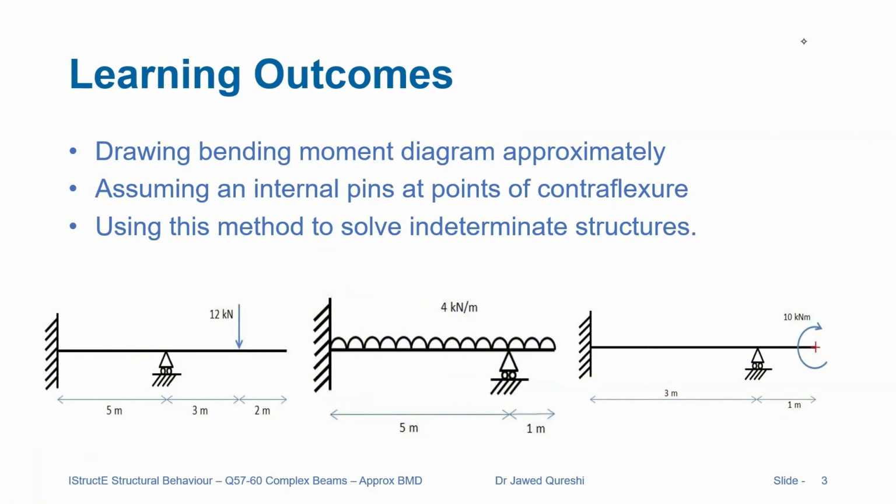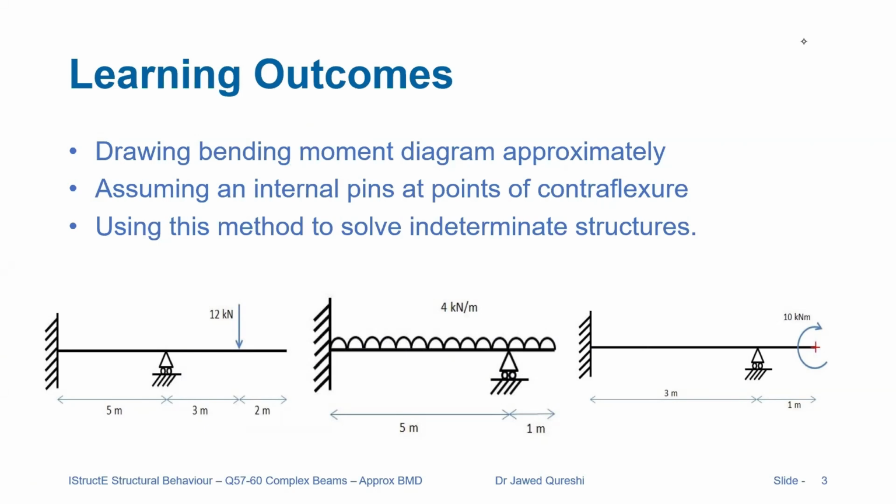When we have indeterminate structures, which means that the unknown reactions are more than equilibrium equations, then we have to make certain assumptions, and to quickly draw the diagrams, we need to assume internal pins as points of contraflexure, and in that way the indeterminate structure becomes a determinate structure, and then we can move forward.